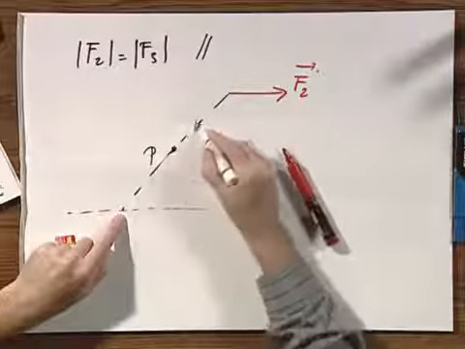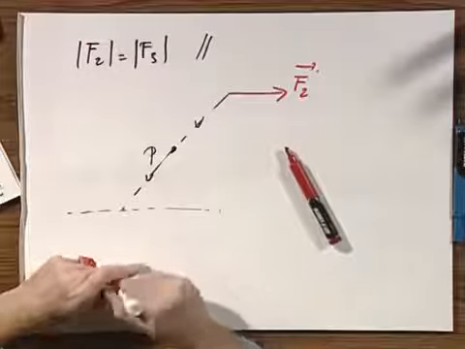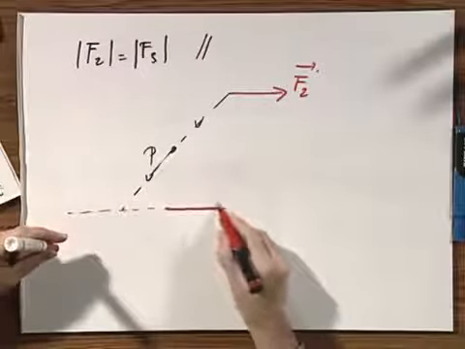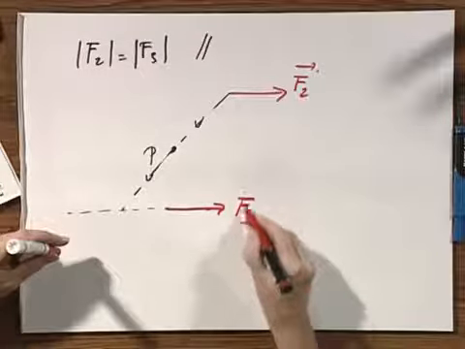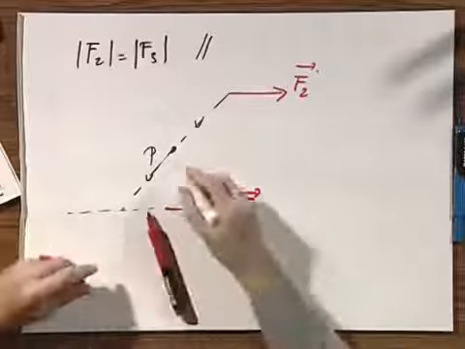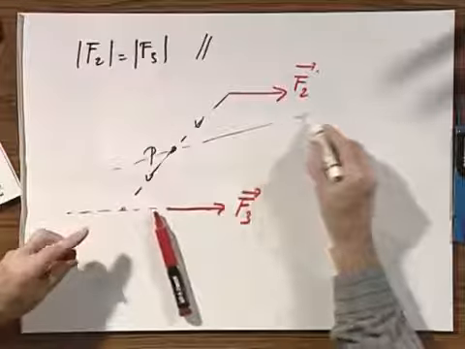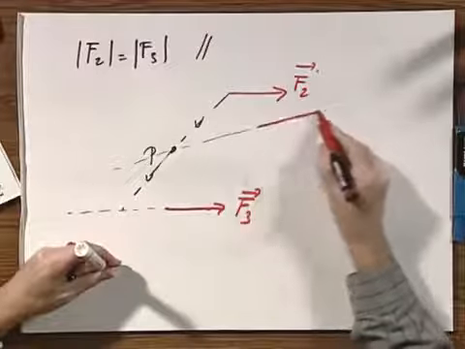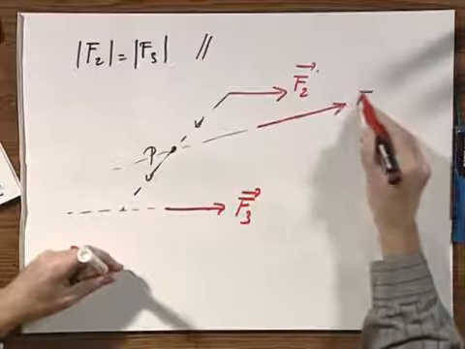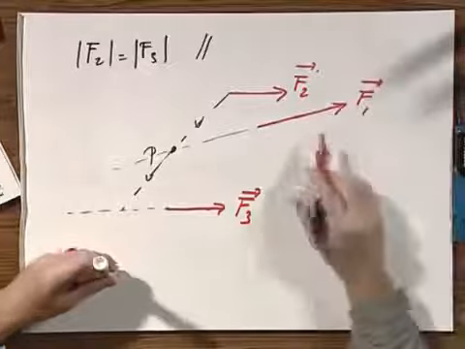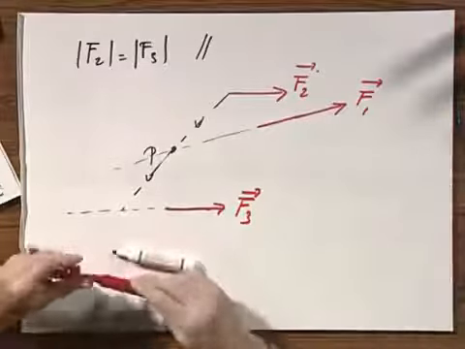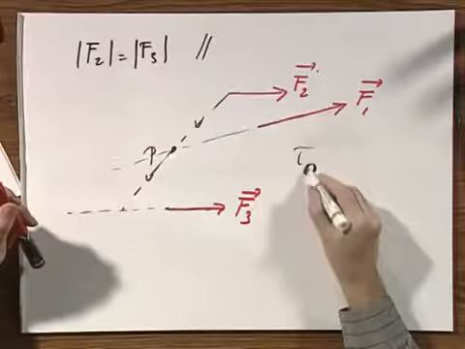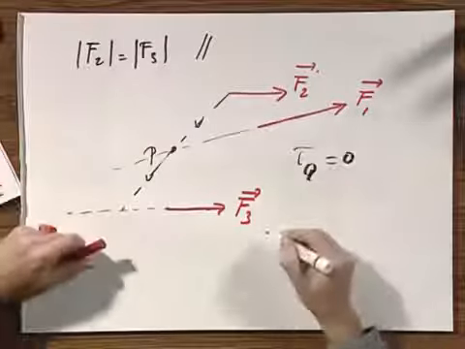By the way, this distance is the same as this distance. I could have a force here, F3, same in magnitude. And just to make it even a little bit more complicated, why don't I also have a force whereby the working line goes straight through point P? It should be obvious now to you that the net torque relative to point P equals 0.